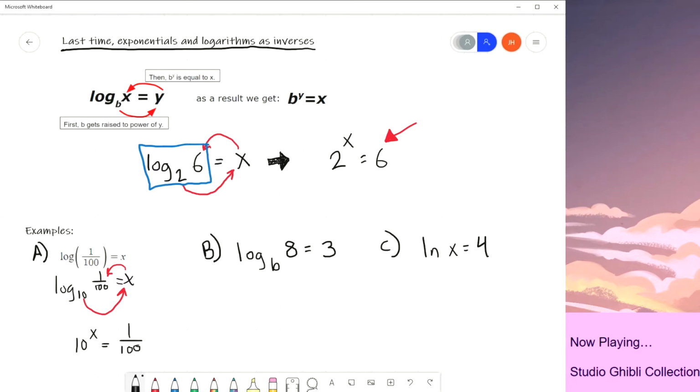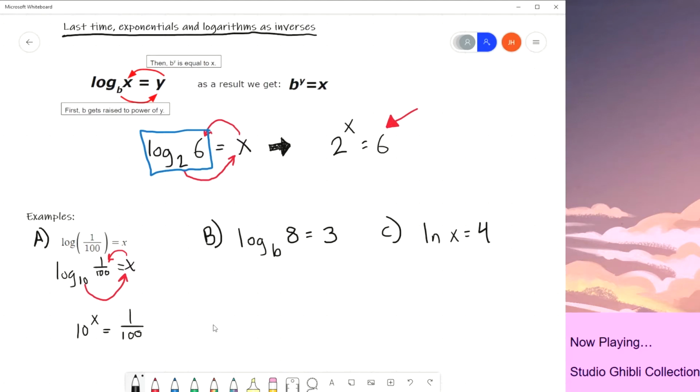Now, what I notice here is that 100 is a power of 10, right? So that looks pretty good for us so far. And one other thing is that if I have a fraction, that implies that it was a negative exponent. Because remember, if I have 1 over 100, that's the same thing as 100 to the power of negative 1. Well, what's 100 in terms of a power of 10?